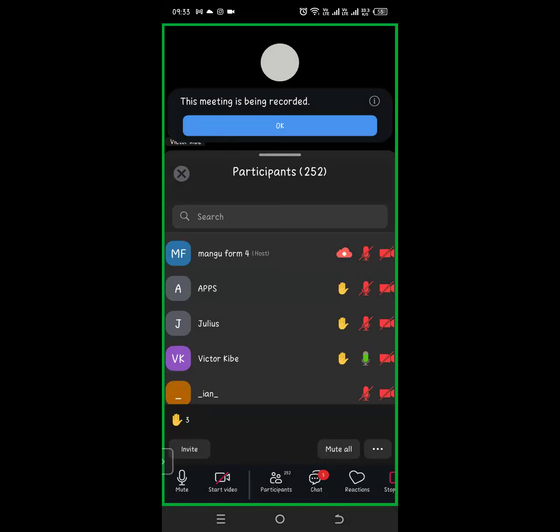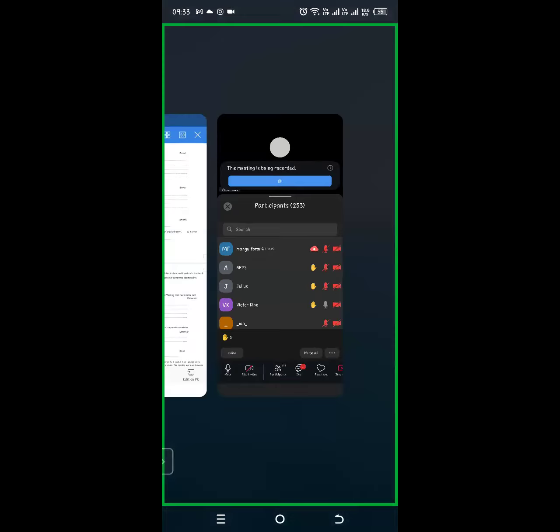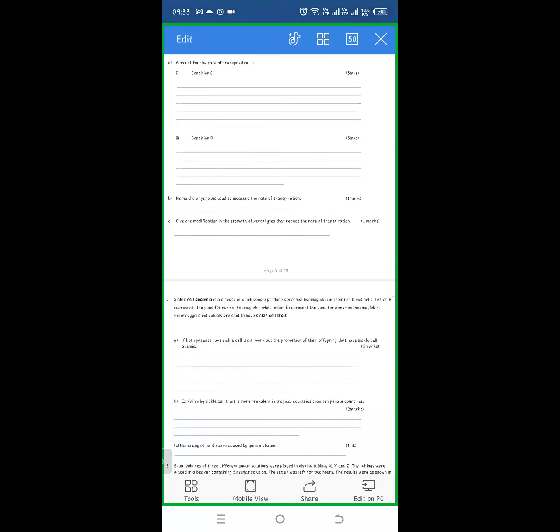Tell us what you've done to get your fraction or your proportion. I used the parental phenotype of sickle trait man and sickle trait woman. The parental genotypes are HBA, HBS, and HBA, HBS.